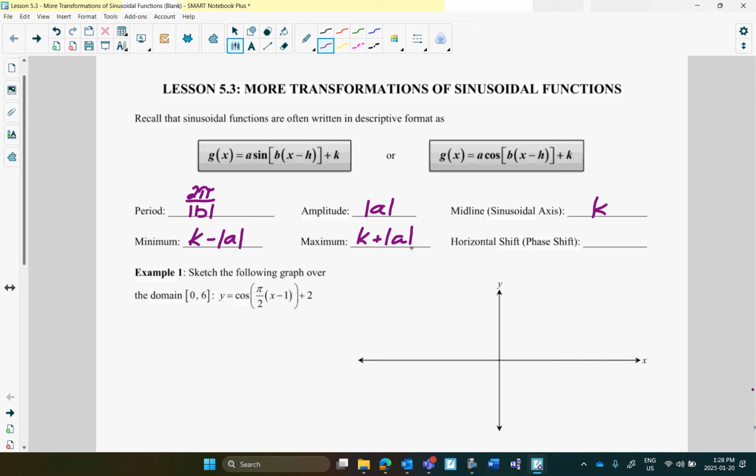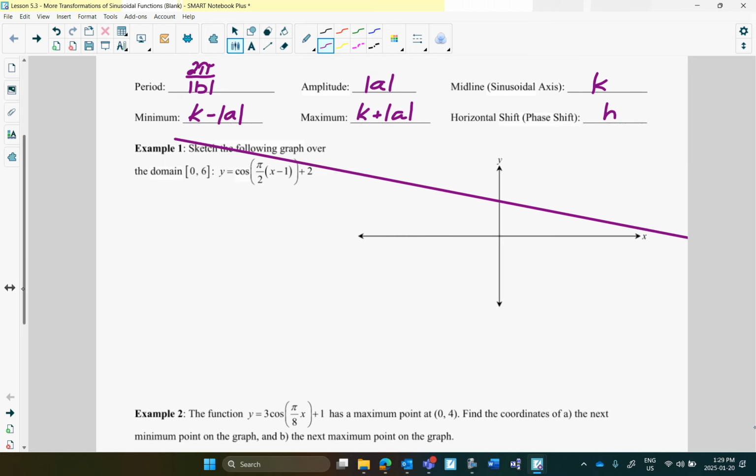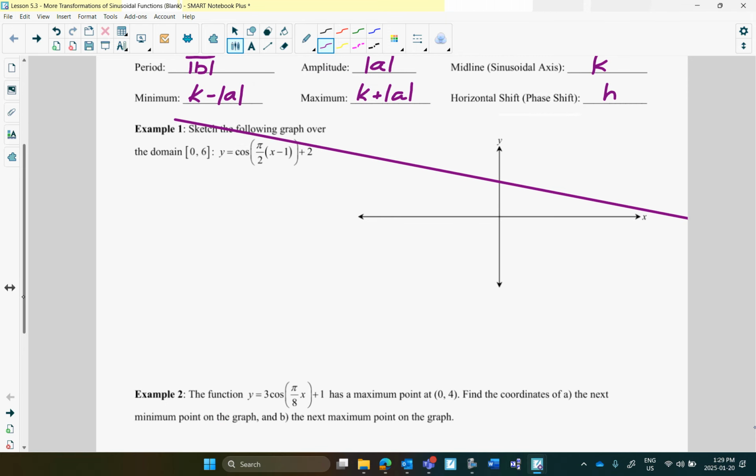And finally, the phase shift or horizontal shift, just like we did with other ones, is represented by h. So like I said, the only extra thing in this question is we're asked to graph this, but only to show this portion from 0 to 6.